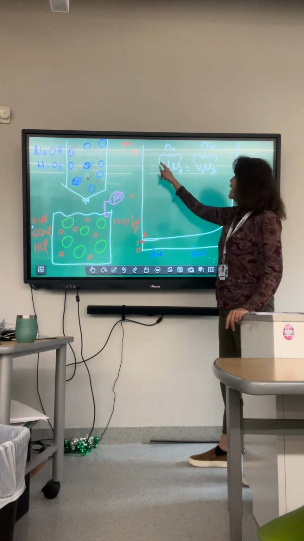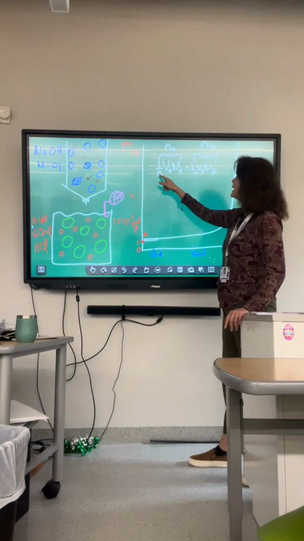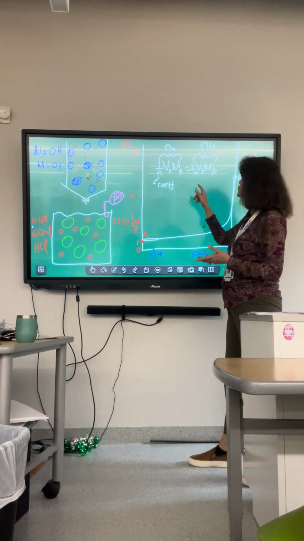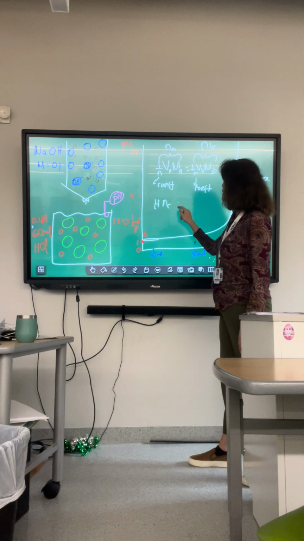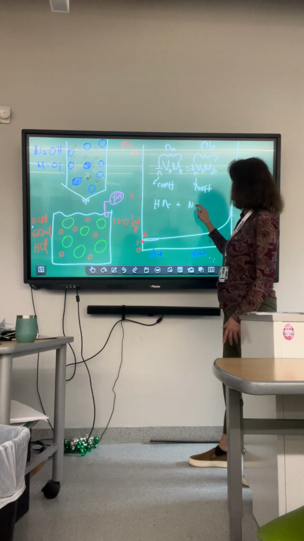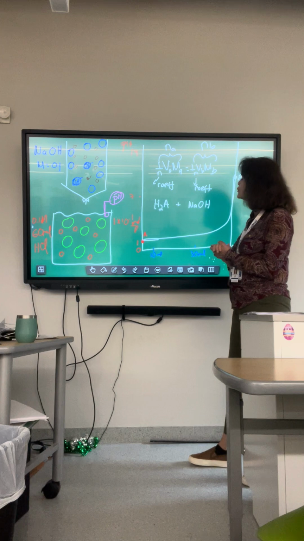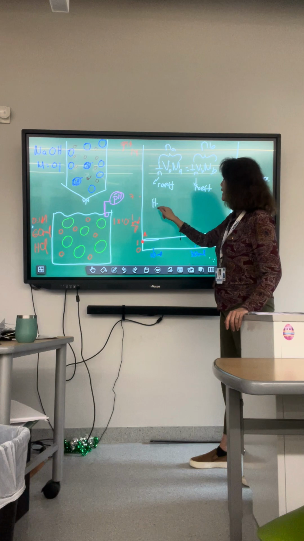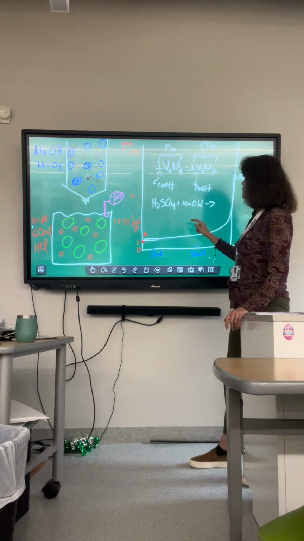And in reality, this equation should have a 1 over n, which is the coefficient of the acid. That takes care of your crossing the bridge, and this is the coefficient of the base. What do I mean by that? I need to do it with a real acid, H2SO4 plus NaOH, that will give you what?